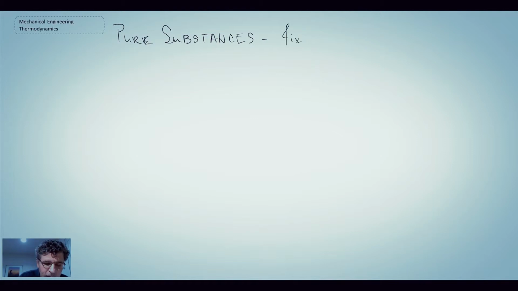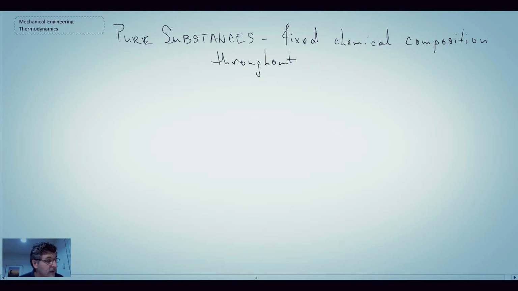When we look at combustion later on, there you have chemical reactions, and so the composition is changing due to the chemical reaction. But we are going to assume that we're looking at pure substances.